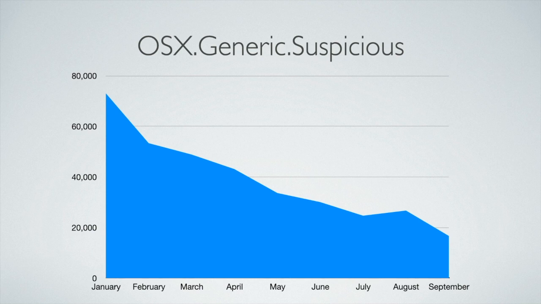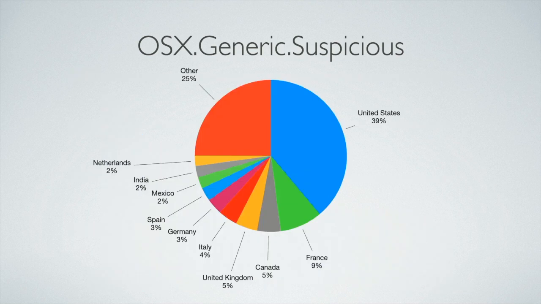And so here on the data, what you'll see is we've actually seen a bit of a decline in this over the course of the year. Now, that decline is kind of relative because we still are seeing a lot of this, but it's definitely not as much recently as we were seeing towards the beginning of the year. And where do we see all this kind of stuff?